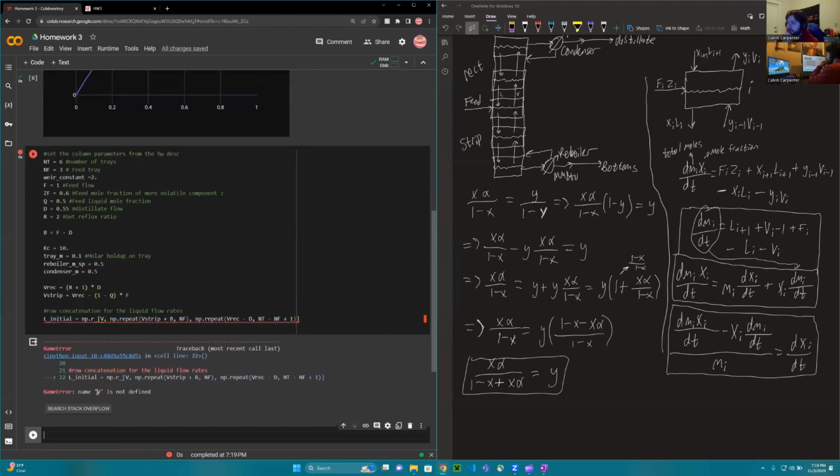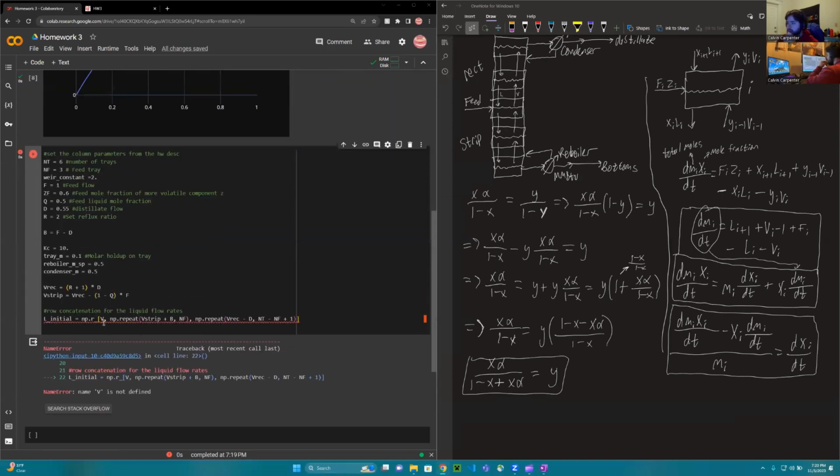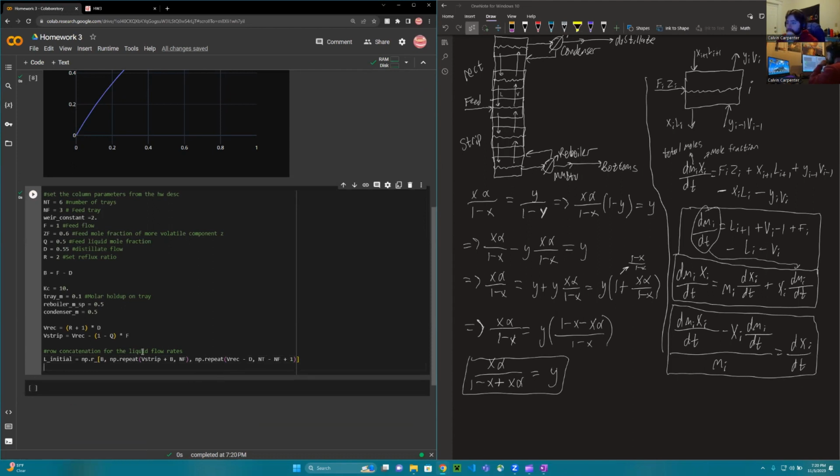It looks like we haven't defined V. I accidentally clicked V instead of B here. Does that work? Okay, cool. So now we have our row concatenation for the liquid flow rates.